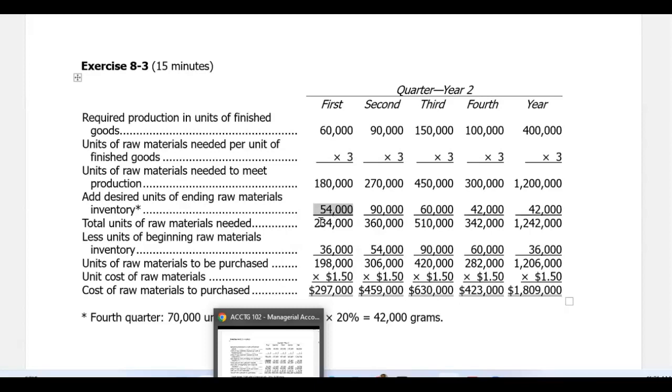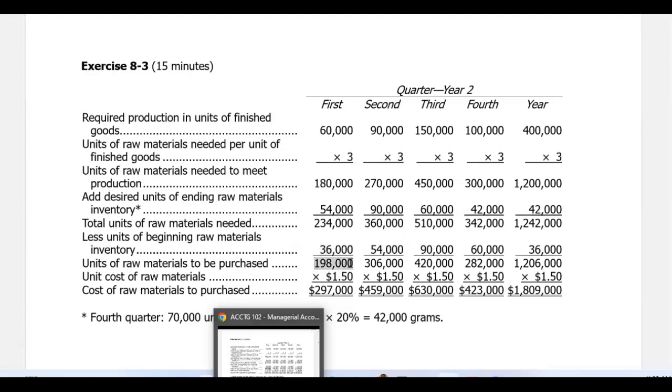So total, we are looking at 234,000 grams, but 20% of first quarter production, which is 180 times 20%, already exists from the previous quarter. So that's the beginning of first quarter, year 2. That is 234 minus 36 existing.